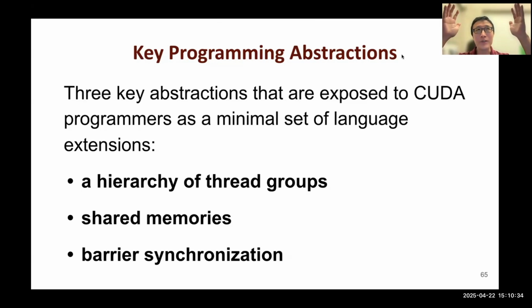But compared to the traditional Pthreads and other threading libraries and frameworks, CUDA threads are much more lightweight, and they have hardware support, so they are very efficient. It's about nanoseconds-level efficiency, compared to microseconds for some other applications.